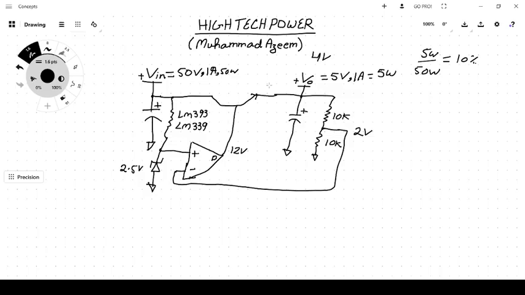But the disadvantage of using this transistor series pass element and the comparator in series pass configuration is that there would be a very high surge to the output capacitor, because it will turn on and turn off very quickly.